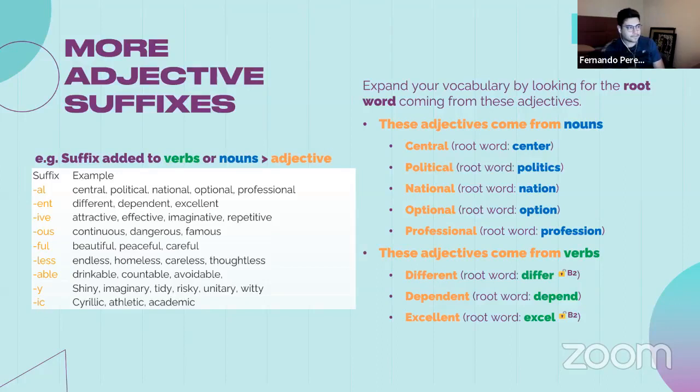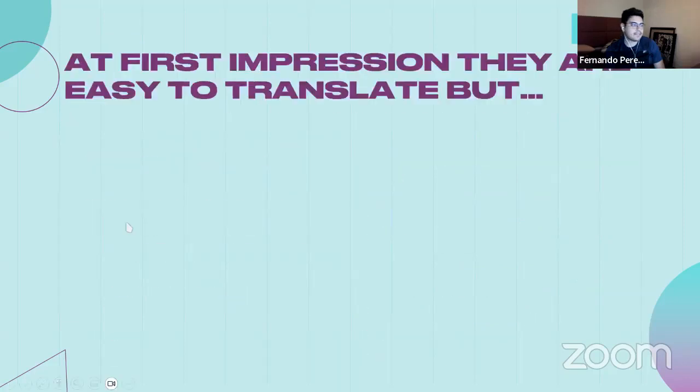Okay. So if we see these words, we may think that they are very easy to translate. But there is a problem with them. Okay. For example, let's check out the differences between Spanish and English, talking about adjective formation.